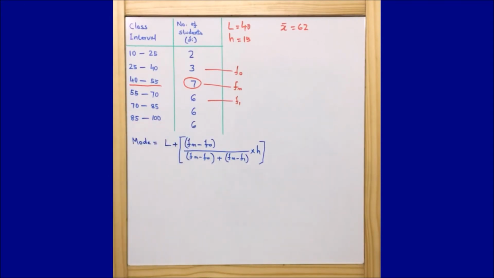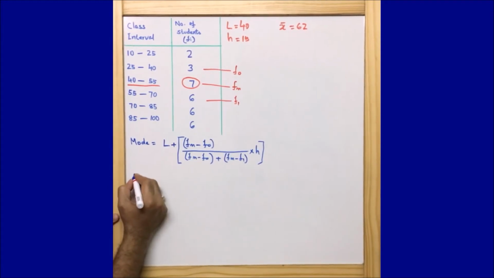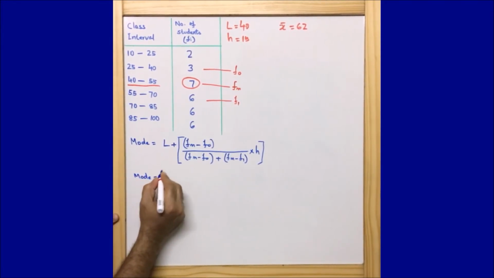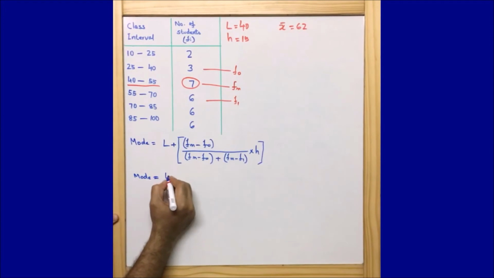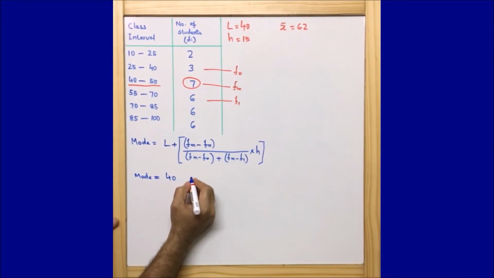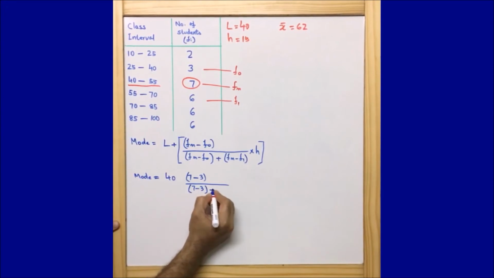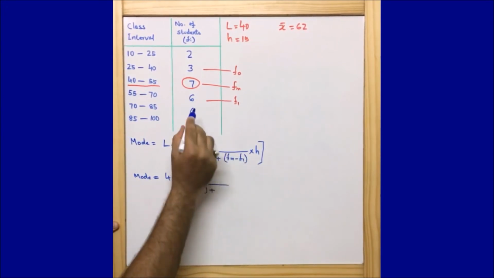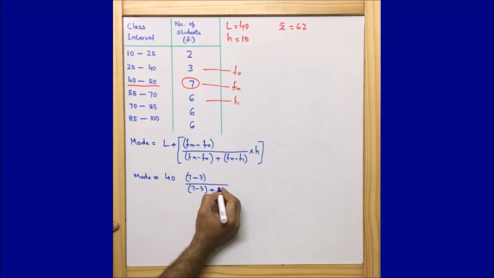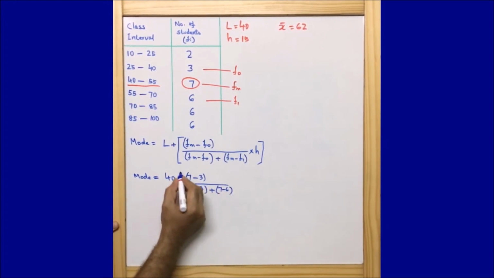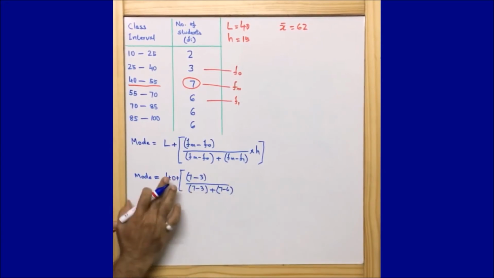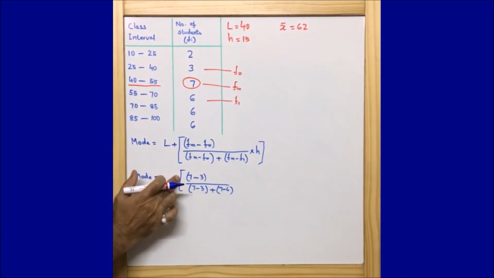So I can write mode is equal to L, and we know L is 40, the lower limit of the class interval. Fm, the modal class frequency, is 7, minus the preceding frequency F0, which is 3, upon 7 minus 3 plus 7 minus F1, and here F1 is 6, that means 7 minus 6.